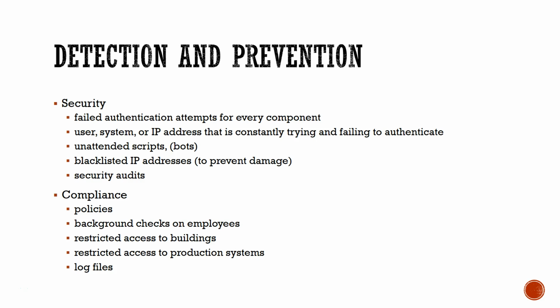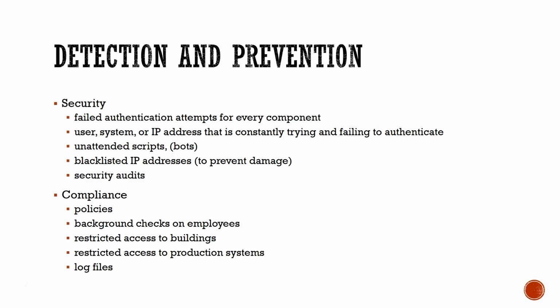Blacklist IP addresses that are trying to authenticate with failed authentication attempts. Block those IP addresses so that they cannot do any damage. And then, of course, security audits periodically, monthly, bi-yearly, or yearly are a good idea.